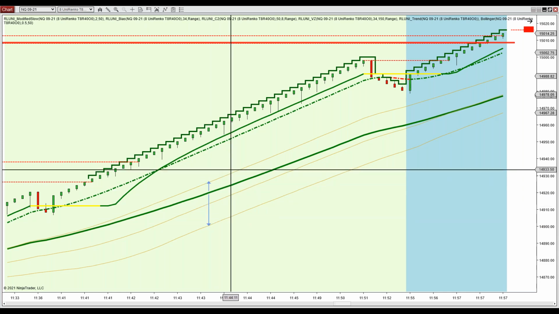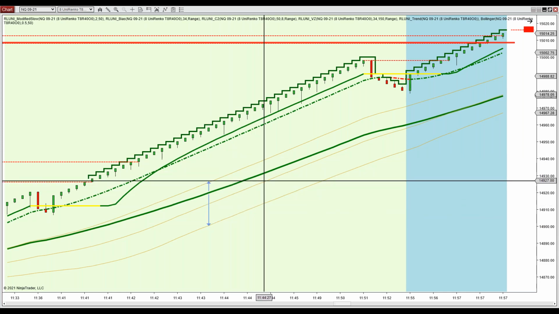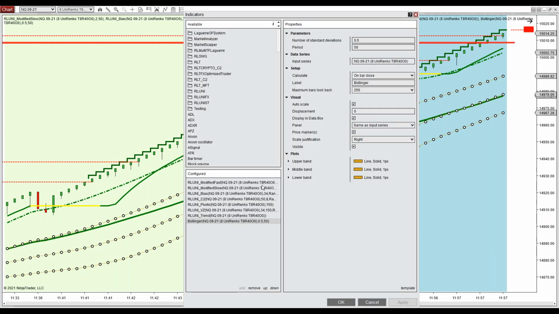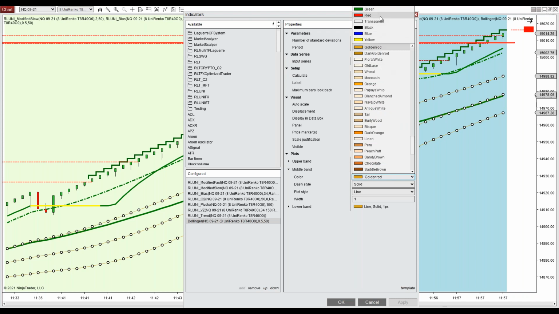We consider this where the market's going to chop. We left that mid band in there, but it's really irrelevant. For demonstration purposes, I can take it out because the system is not looking at it.